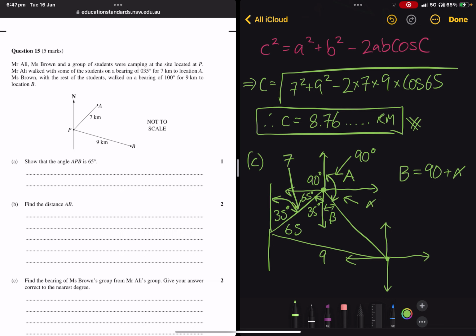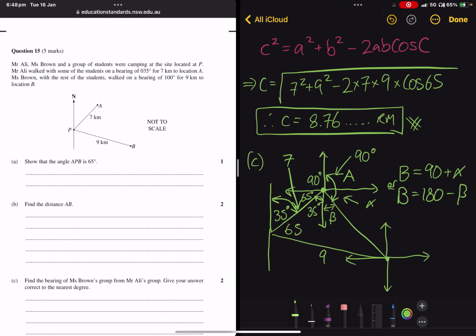So this diagram looks a little bit complicated, right? But this is all of the information that we have. And this is what we can do in order to find that alpha value, in order to find our bearing. Notice, because we know this is 90 degrees, we can think of the bearing as being 90 plus whatever alpha is, or we can think of the bearing as being 180 minus whatever beta is.